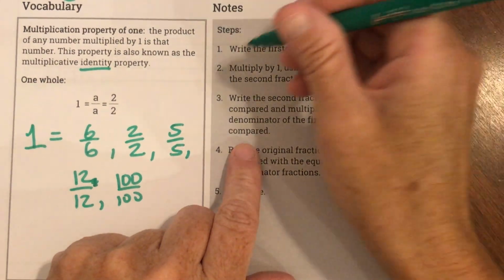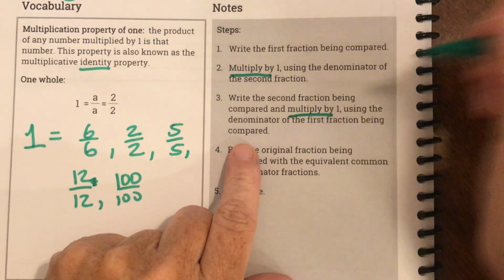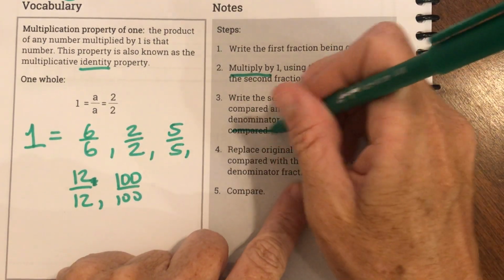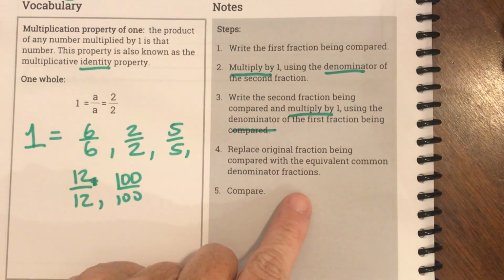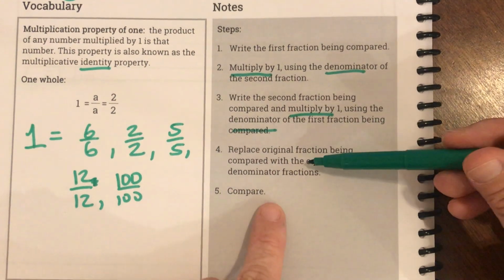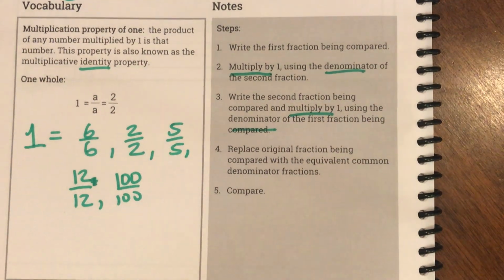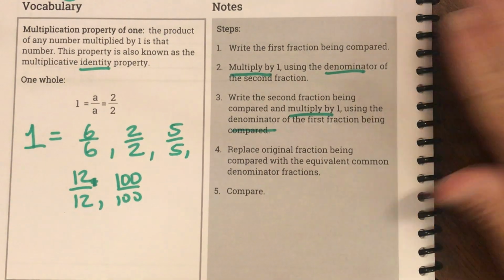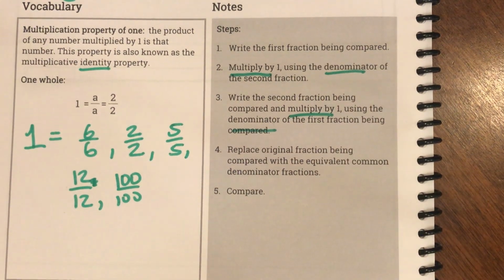In both steps, we multiply by 1 using the denominators of the other fractions. Then we replace the original fractions being compared with the equivalent common denominator fractions and compare. The steps seem confusing, but when you watch them, they won't be as hard.